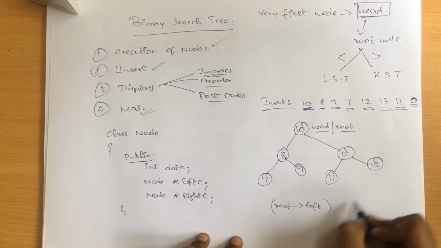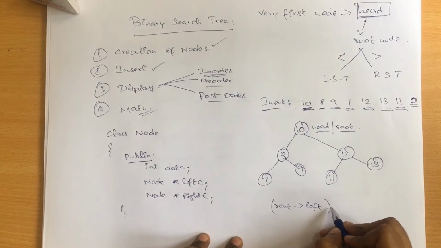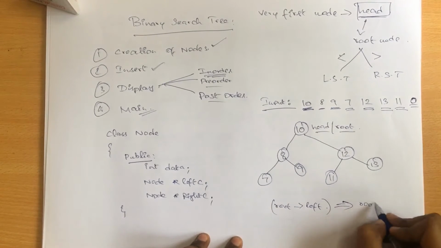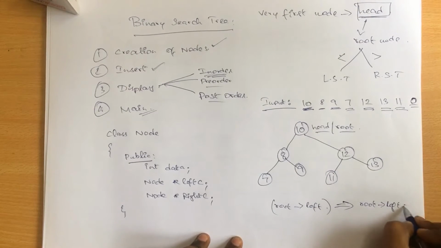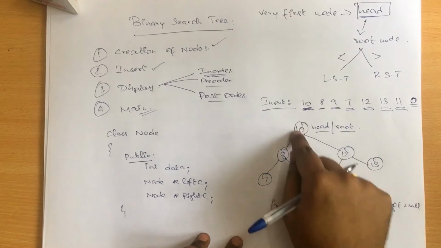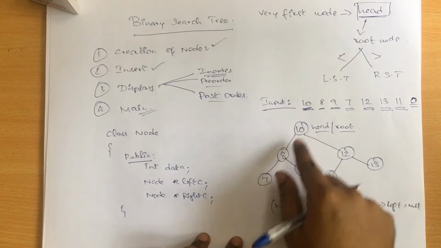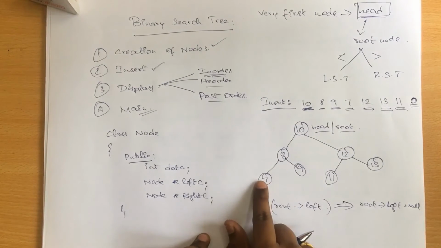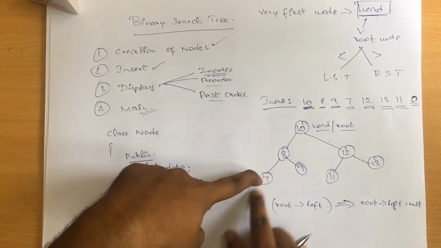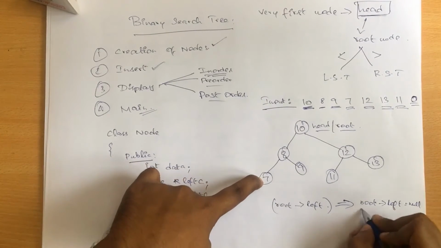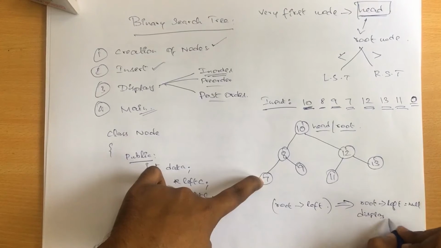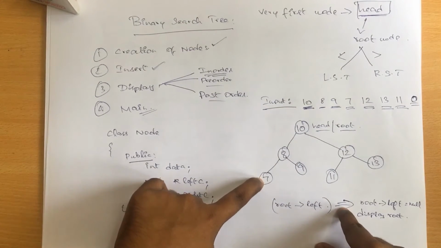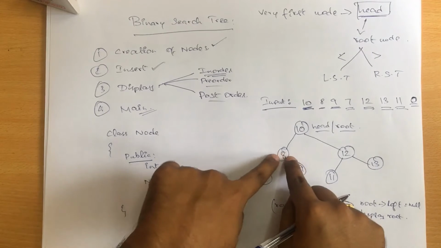So the same recursive calls will be passed, and when I find that root of left is equal to null, it means that first I'll take 10, and 10 of left will be passed. 10 of left is 8, so 8 of left will be passed again, so that will be 7. And if I find 7 of left is equal to null, I'll display 7, right? So I'll display root and I'll move back to the previous function itself. Since it is a recursive call, it will move back to the previous case.